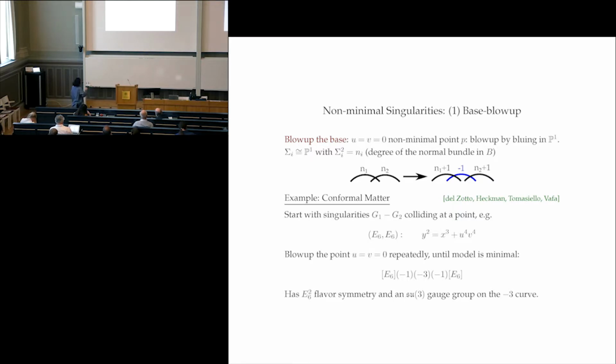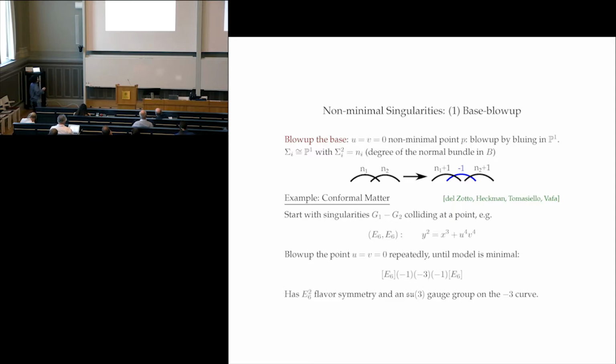So one example of this sort of story is if I have two singularities collide and give a non-minimal singularity. The simplest, sort of exceptional case is E6, E6. The Weierstrass model takes this simple form. This is just the E6 singularity along U and V, and the mean at U equals V equals 0.